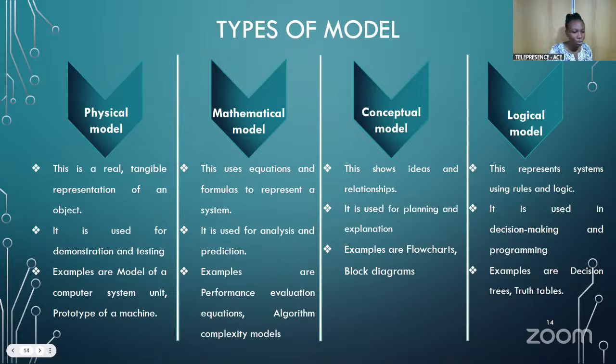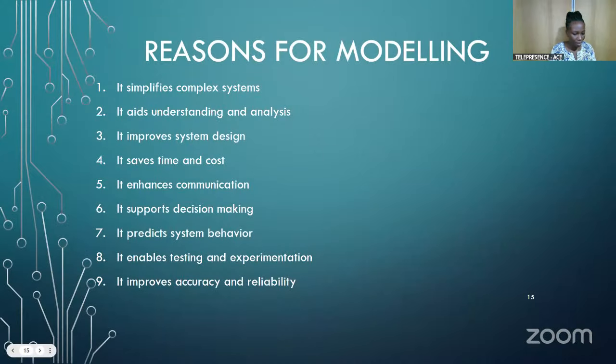All right. So moving forward, we have several reasons for modeling. It simplifies complex systems. You know, I made an example of the whole body system being complex. You can decide to model using the systems of the body, maybe the respiratory or the digestive or whichever one. It aids understanding and analysis. You'll be able to interact with it. You'll be able to speak to it.